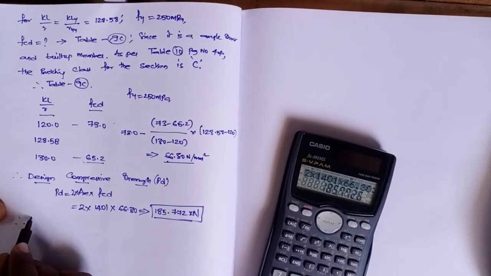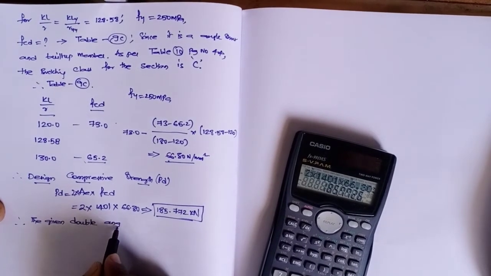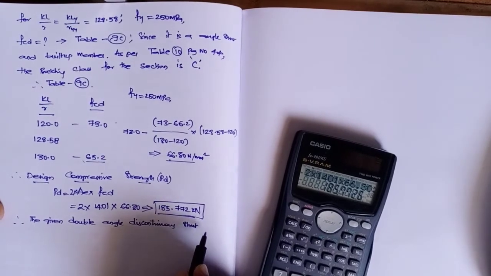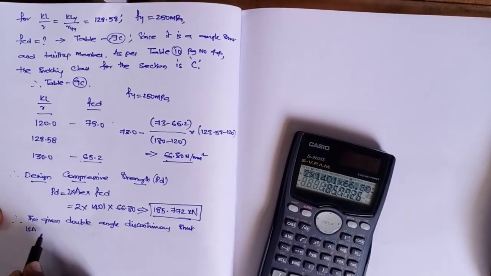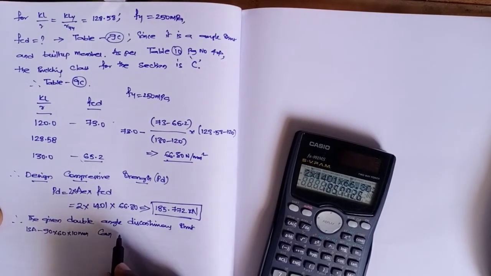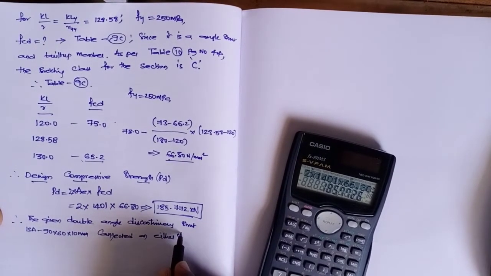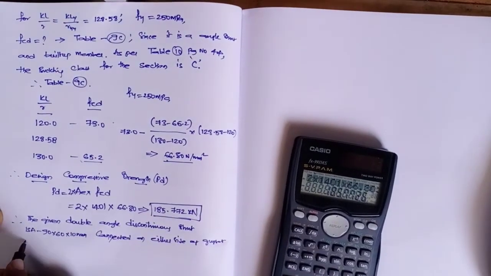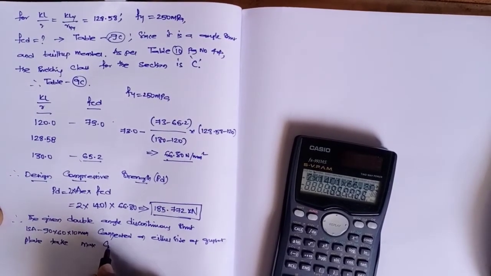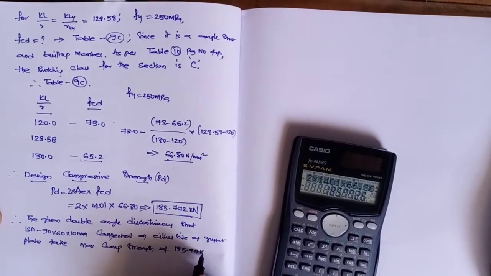Therefore, the given double angle discontinuous strut ISA 90 by 60 by 10 mm, connected on either side of gusset plate, can take a maximum compressive strength of 185.77 kilonewtons.